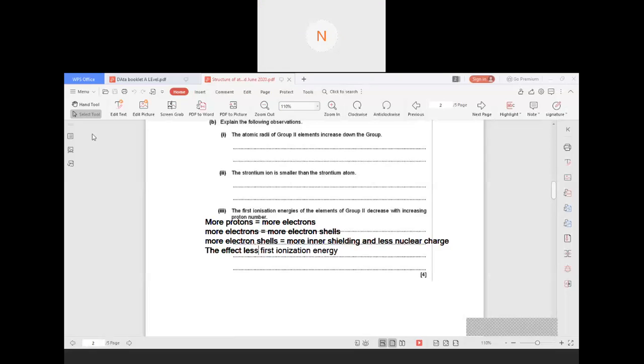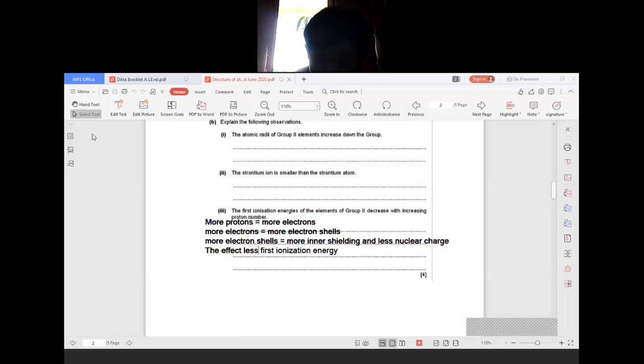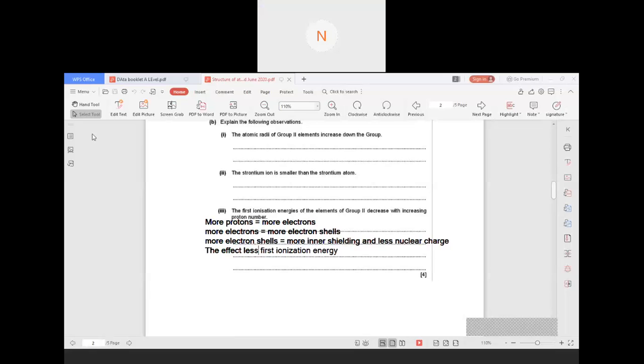If the electrons in the outermost shell feel less nuclear charge, the outermost electron is easy to lose, easy to run away. It makes the first ionization energy decrease. Thank you, teacher.